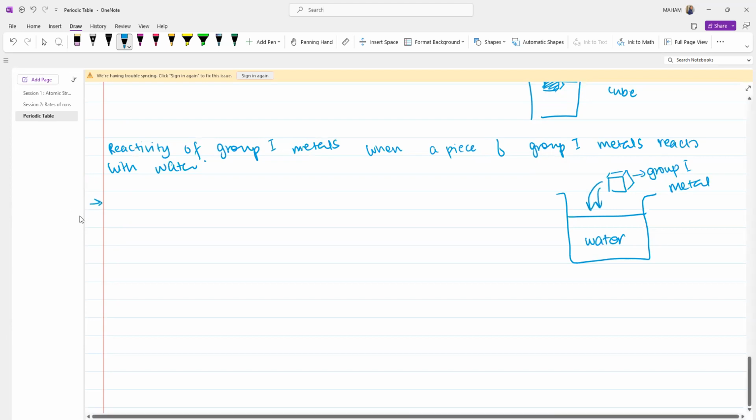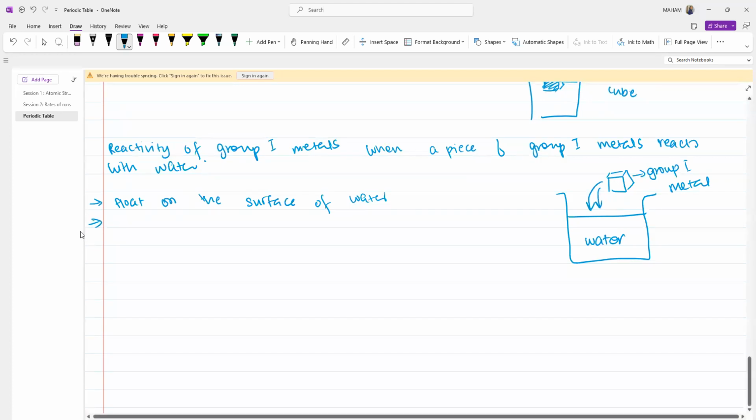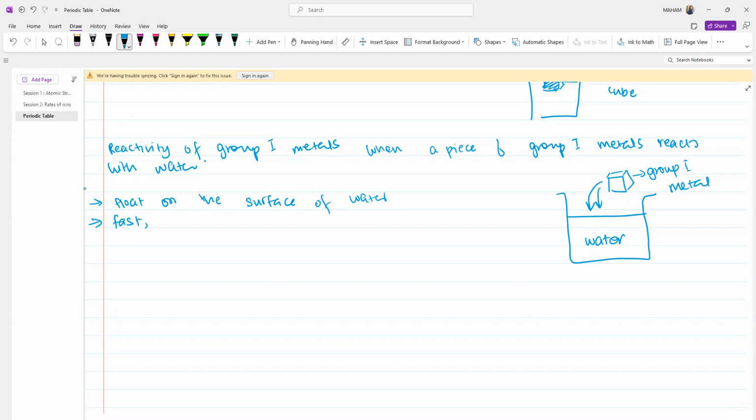Firstly, it's going to float on the surface of water. It's going to be a fast, rigorous reaction. Why? Because your group 1 metals are the most reactive.